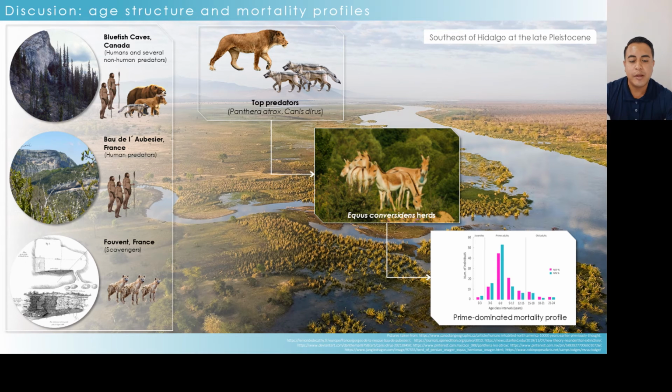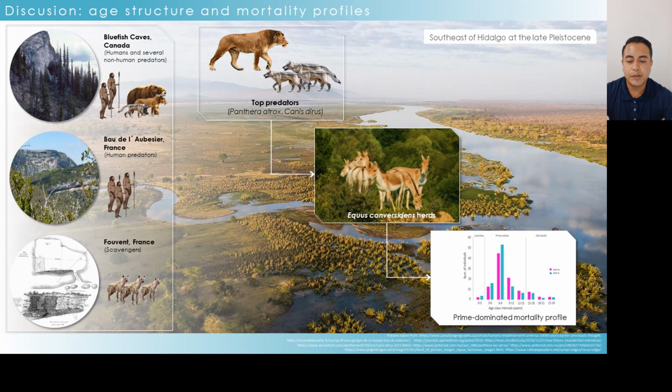For example, the mortality profile of Equus lambei was the result of human activities and the hunting of large predators like wolves, lions, and bears. The mortality profile of Equus mosbachensis was the result of strategies of selective hunting by Neanderthals, while the mortality profile of Equus germanicus is the result of scavengers' activities.